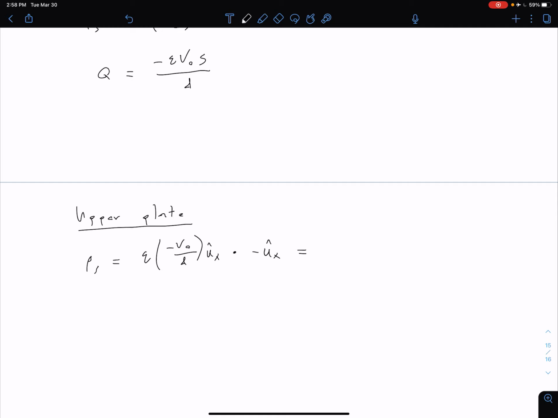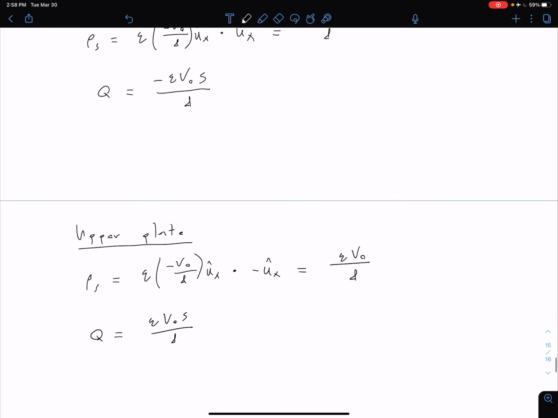The negative sign is going to cancel out with this negative sign, and we end up with a positive epsilon V naught over D. Again, if we integrate over the surface area, it's just going to be Q equals epsilon V naught S over D. So as we would have expected, we have equal and opposite charge. These two charges on our upper and lower plate are the same magnitude, just a different sign.